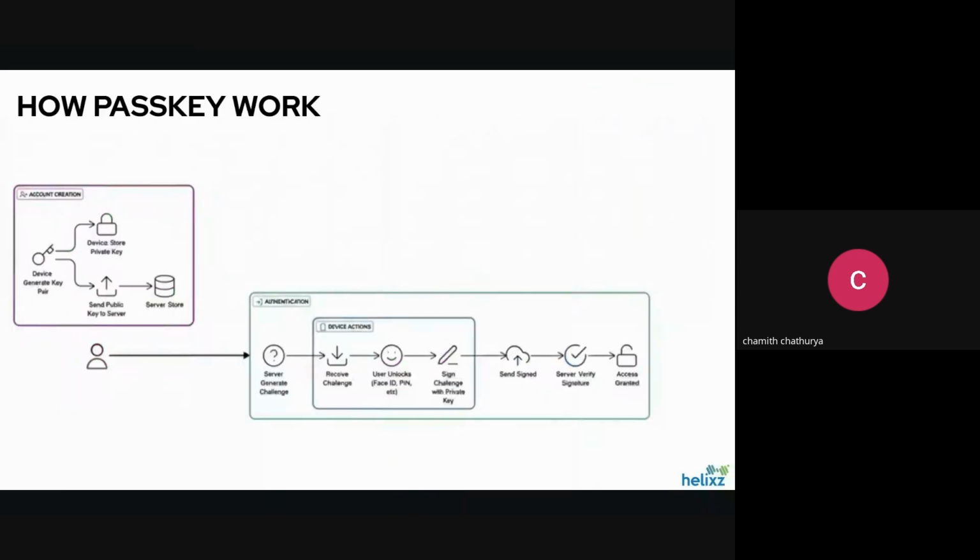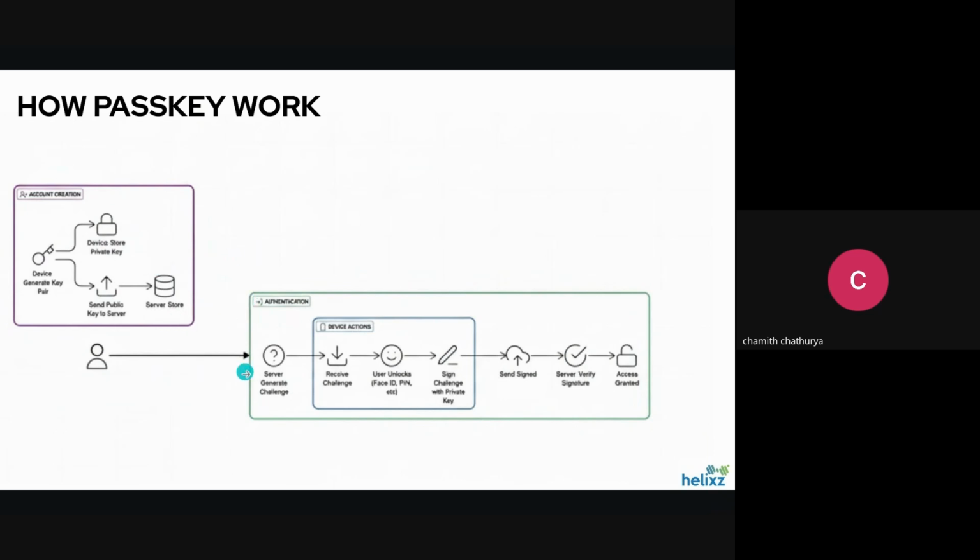Okay. Let's see how passkeys work. First, account creation. The device generates a key pair. The first is a private key and the second is a public key. Then the public key is sent to the server and the server stores the public key.